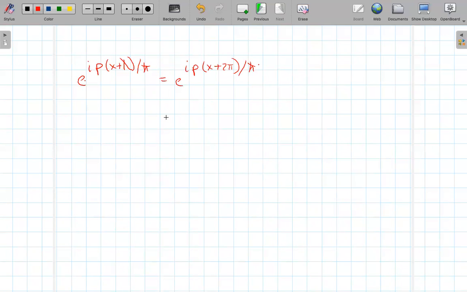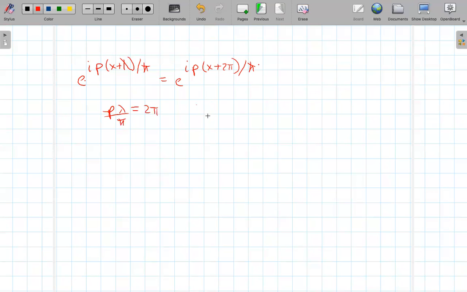So if my phase changes by 2 pi, then I have to have moved my wave by a factor of the wavelength. So what this means is that p times lambda divided by h bar must be equal to 2 pi.